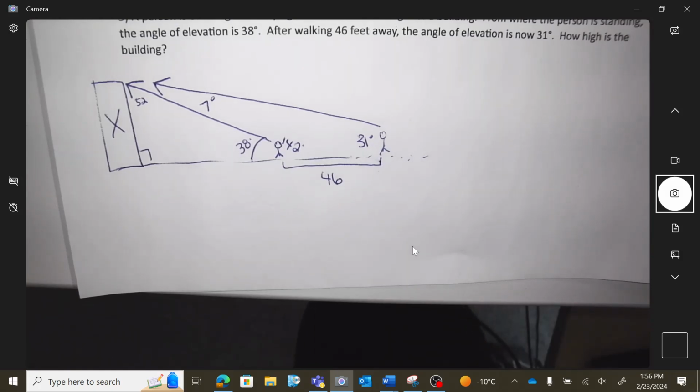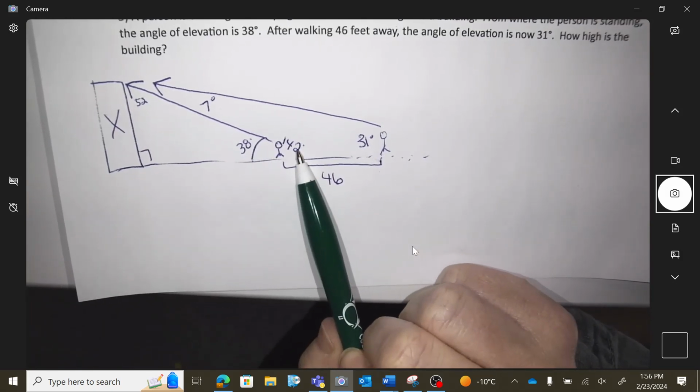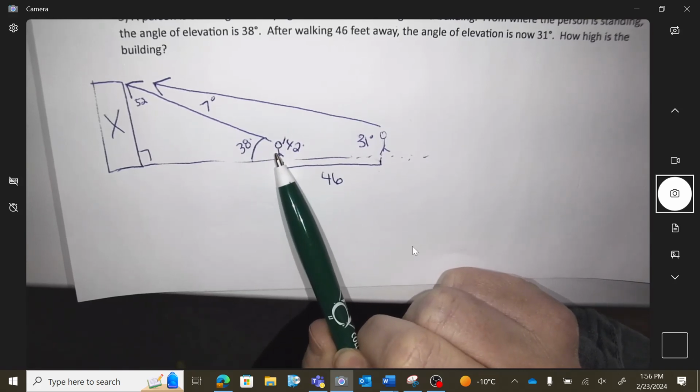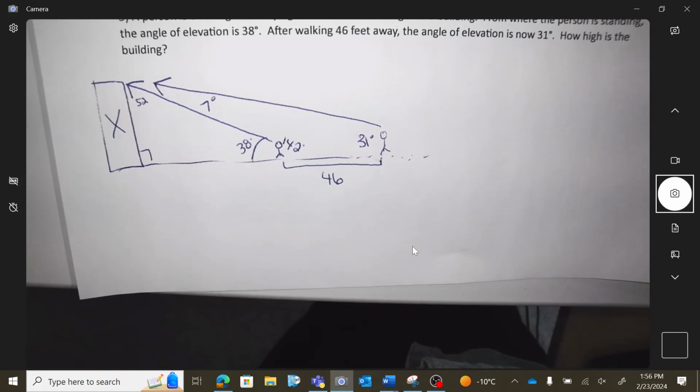Okay, I can put angles in any corner that I can see. So my first one was that on the ground, the whole ground should have been 180 right there, and then the whole triangle over there, 180.